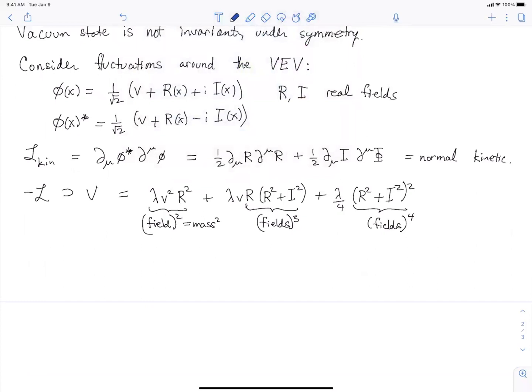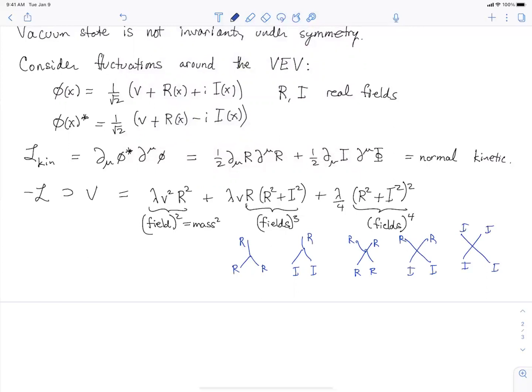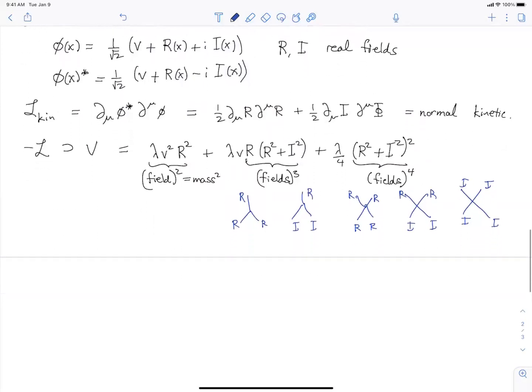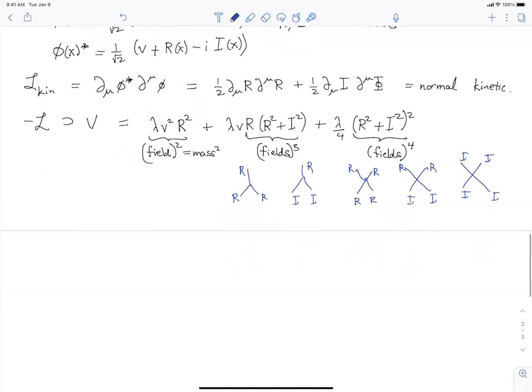I've got things like R, R, R, and R, I. And here in the last term, I've got terms like R, R, R, R, and R, R, I, and I. So I'm not going to write out the Feynman rules exactly, but those are just the sorts of terms that appear in the Feynman rules from this Lagrangian. Okay, so those are the interactions.